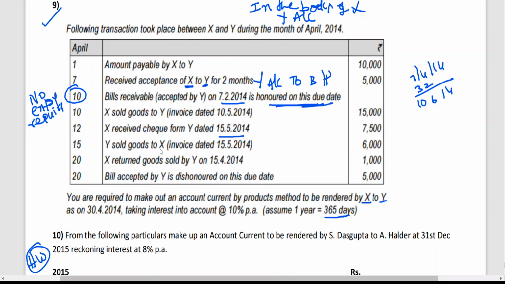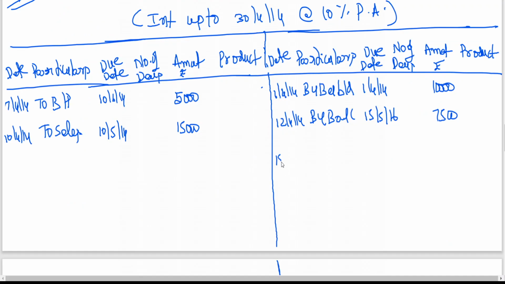Y sold goods to X. That means X is purchasing. Clear to all of you? Y sold goods means X is purchasing. Y is the giver, which means we are buying it. 15, Y purchases.